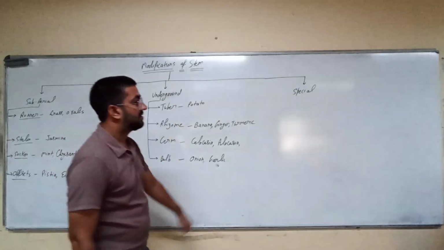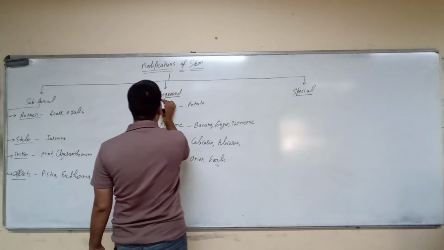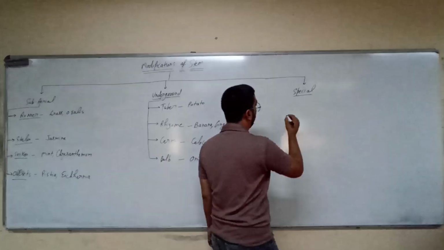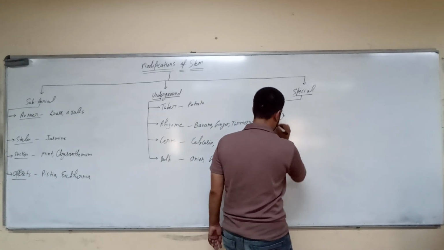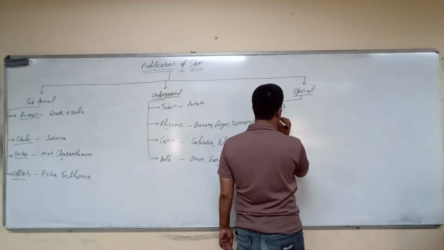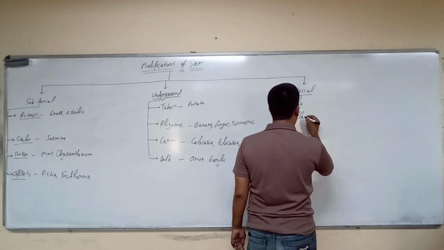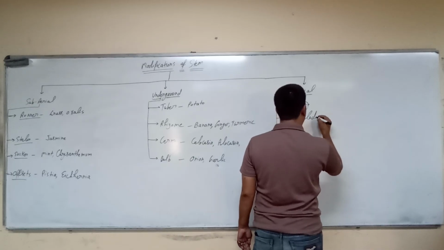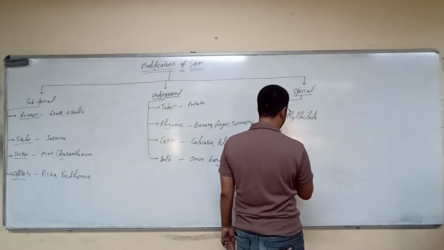So next, special type of modification. Special type of modification: first one is phylloclade.